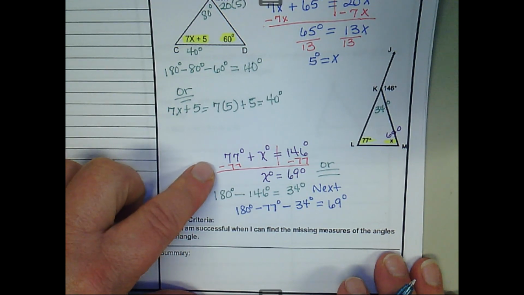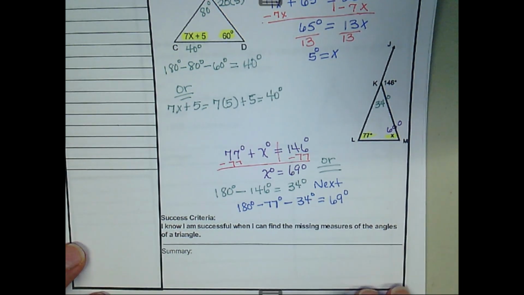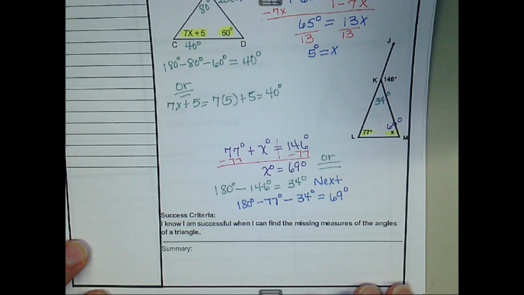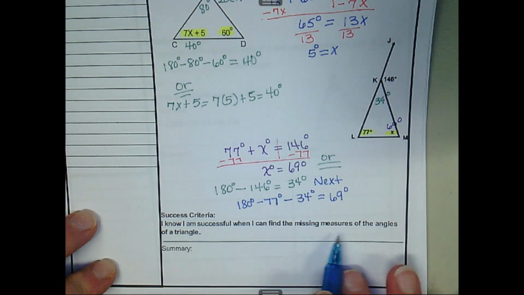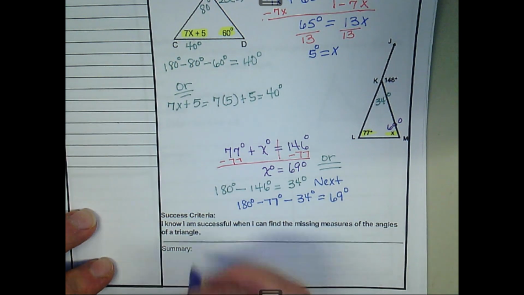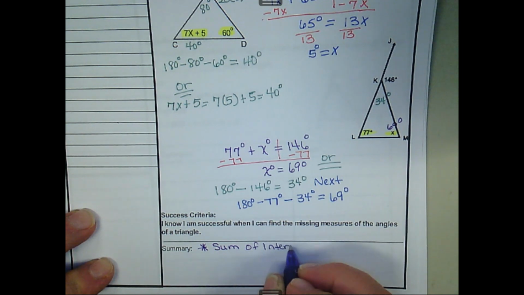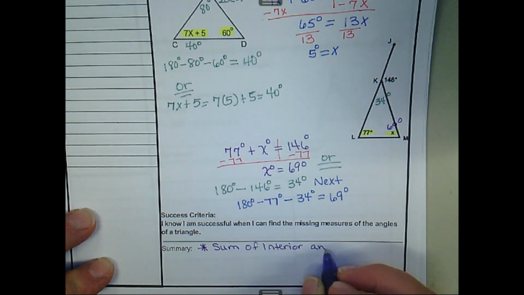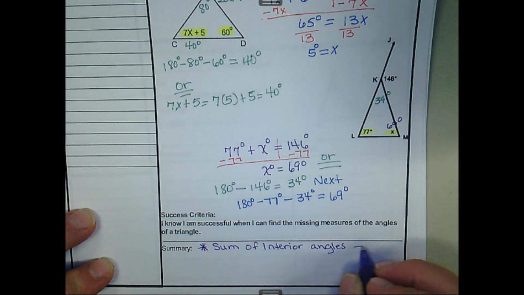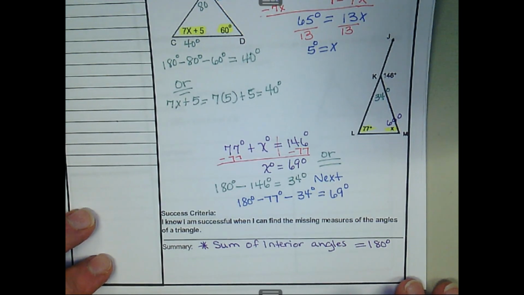I couldn't remember this for the longest of times, but I could always do this. So there's more than one way to find the correct answer. The way you're going to do it is the one that makes sense to you. I know I'm successful when I can find the missing measures of any of the angles of a triangle. Now, we are all still using the sum of the interior angles is equal to 180 degrees. We will use that till the end of the school year.